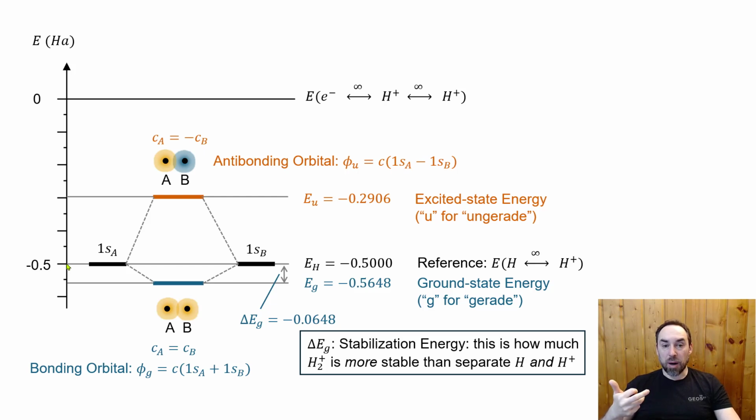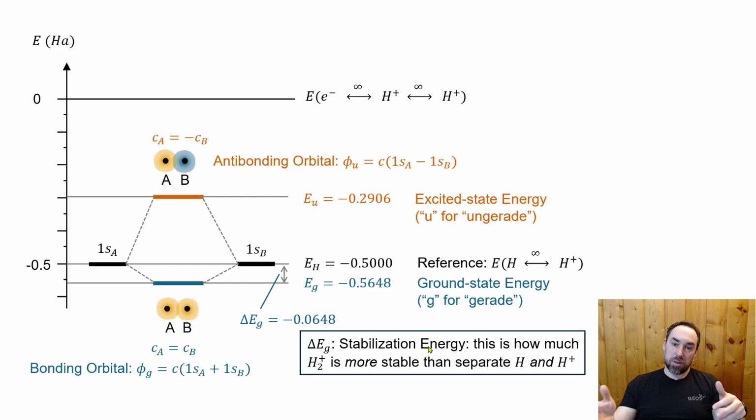So what we care about is how much more stable, or how much less stable, we are than that in these orbitals. So we take this difference, marked by this gray line, and that is delta Eg. It's negative 0.06 Hartrees, but it's still a relevant number when you convert it to kilojoules per mole, for example. This is the stabilization energy.